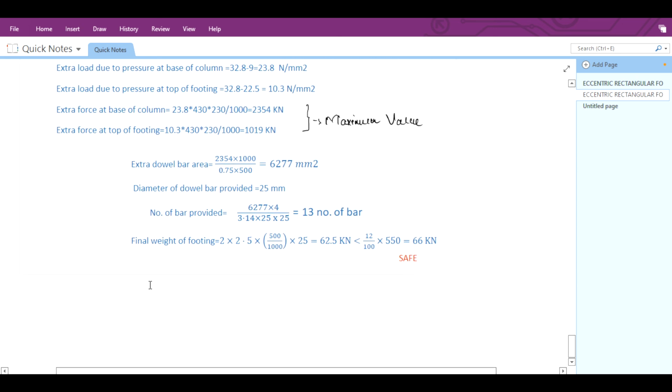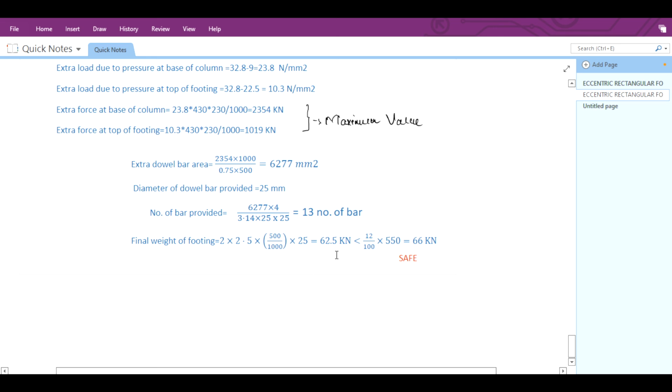Okay, so the final weight of the footing: what we have assumed earlier is 12% of the service load as self weight of the footing. That's why we have taken the self weight of footing as 12%. If you take 10%, then it will come less after all the calculation, so you have to again increase the self weight of the footing at the start. Our final weight will be calculated as total area multiplied by total depth multiplied by density of concrete.